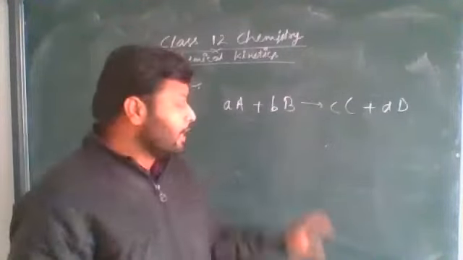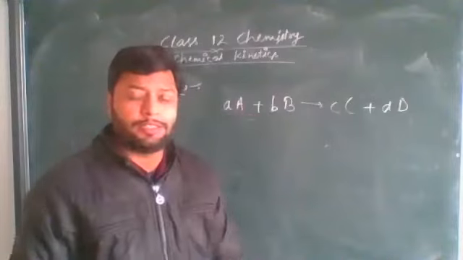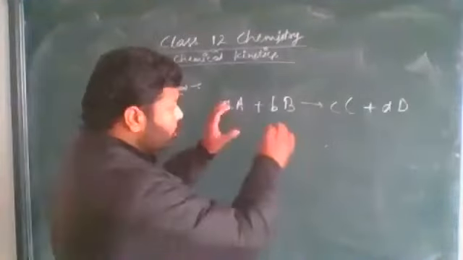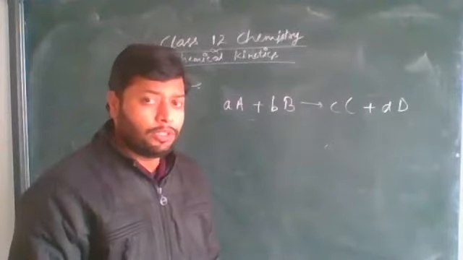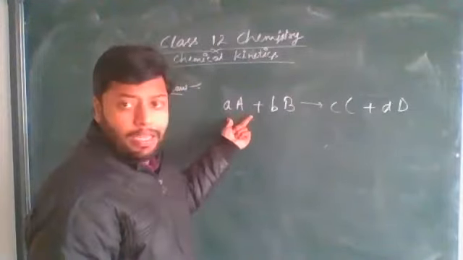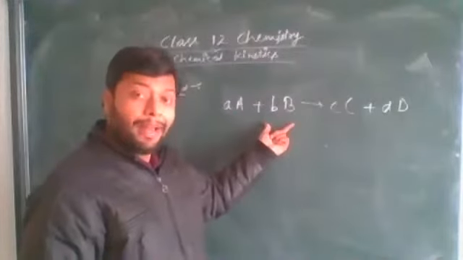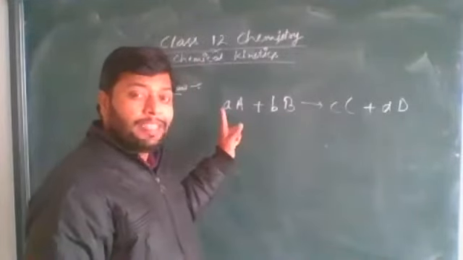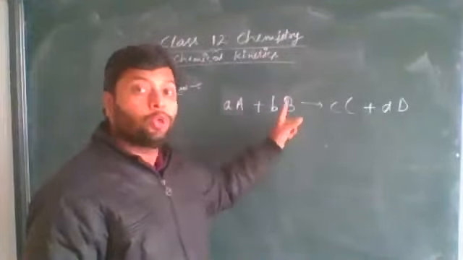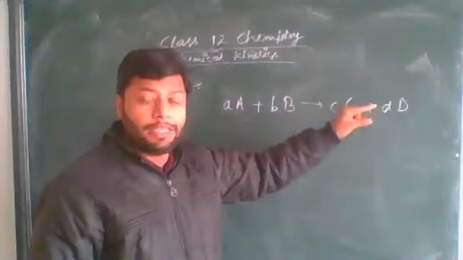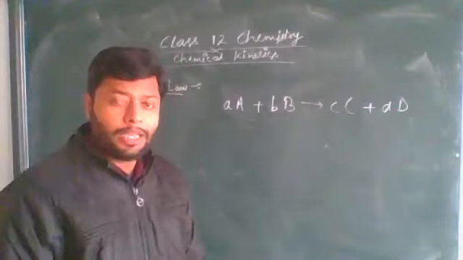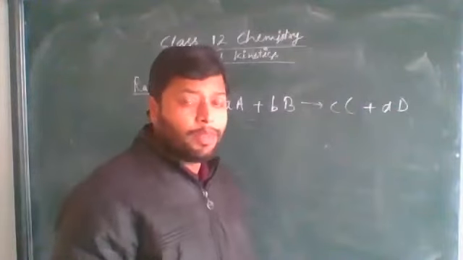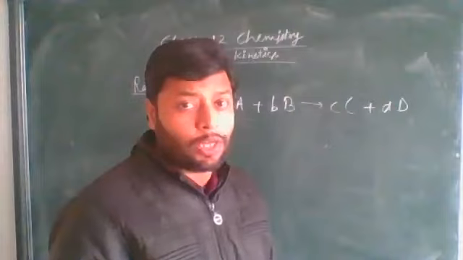That will be the coefficients of the reaction. According to this given reaction, A and B combine together in the ratio of small a and small b to give C and D in the ratio of small c and small d. Okay? I think you are getting my point.